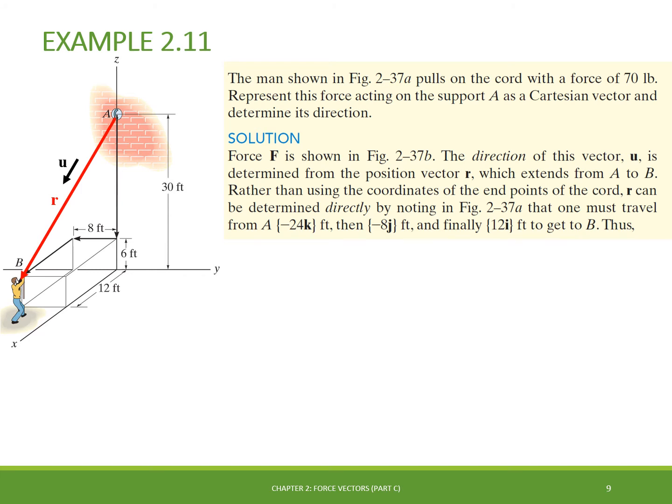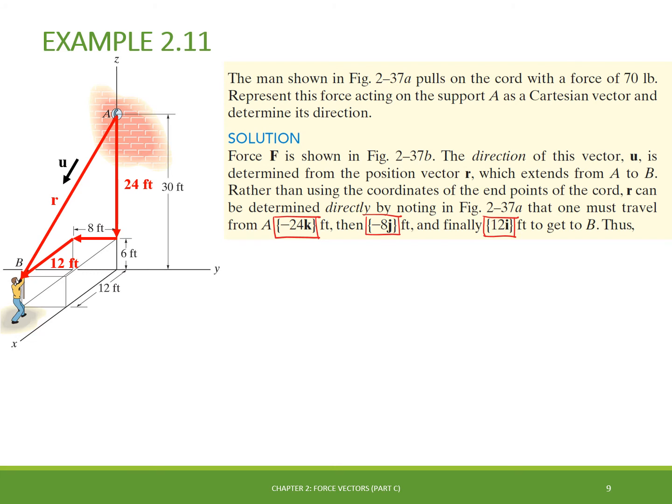The first thing we have to do is to determine the distance vector. In order to do that, instead of subtracting the coordinates of A from B, we can get the distance vector directly by taking the distance to travel from A to B, which are 24 feet towards the negative direction of the z-axis, which in the vector form is minus 24k, 8 feet towards the negative direction of the y-axis, which in the vector form is minus 8j, and 12 feet towards the positive direction of the x-axis, which in the vector form is 12i.